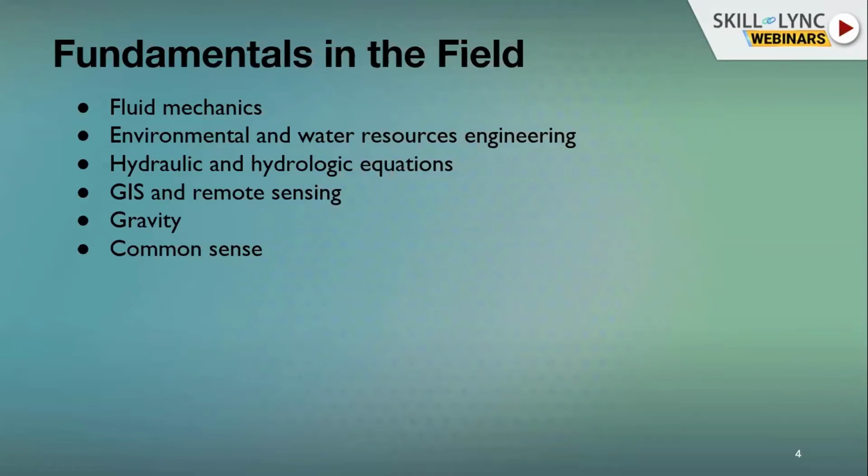Then again, GIS and remote sensing. I'll more or less focus on GIS, because whenever I start my day, I open my GIS and work on that. Models are built when you have a good understanding of GIS, your projection system, and your DTM.